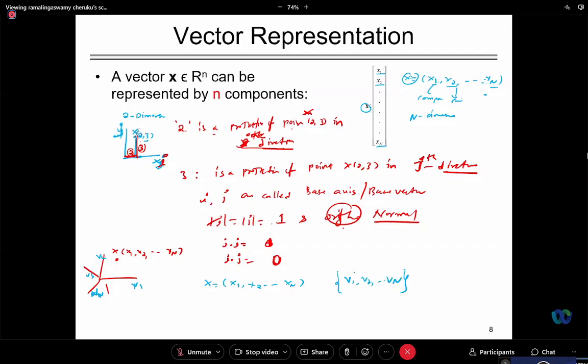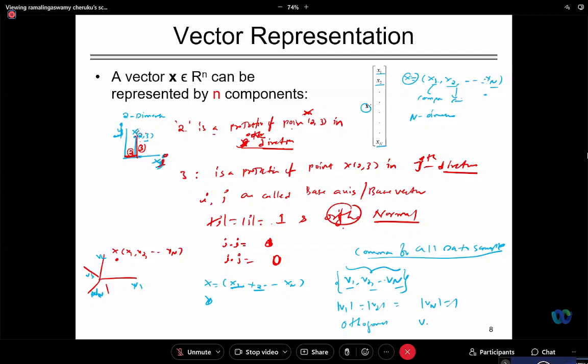These basis vectors are common for all data samples. Similar to i comma j, the mod of v1 is equal to the mod of v2 is equal to the mod of vn is equal to 1, and they are orthogonal.